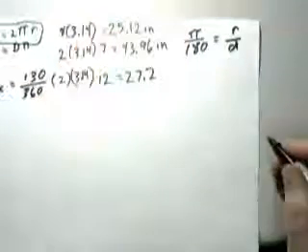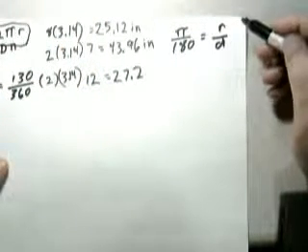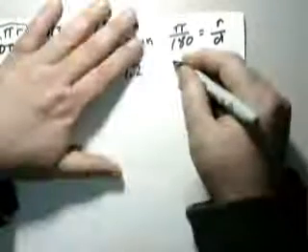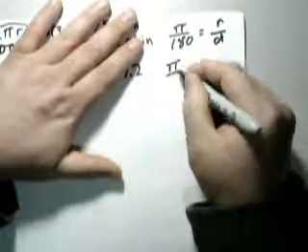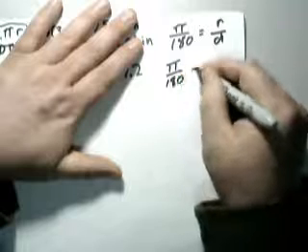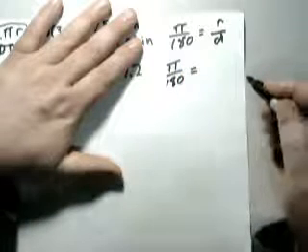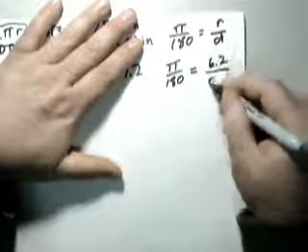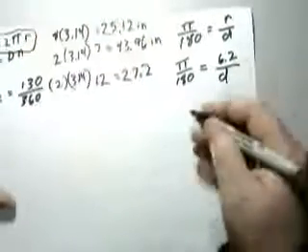In this case, we have the radians and we're looking for the degrees. So we say pi over 180 is equal to 6.2 over degrees.